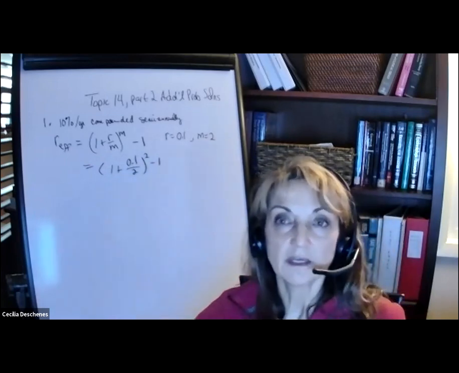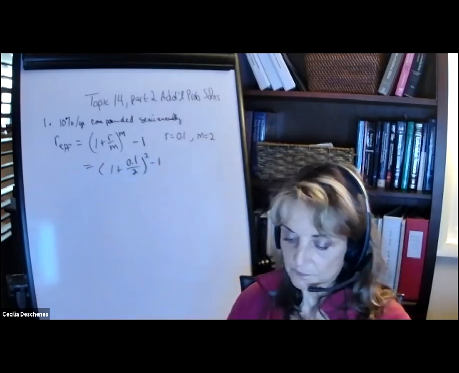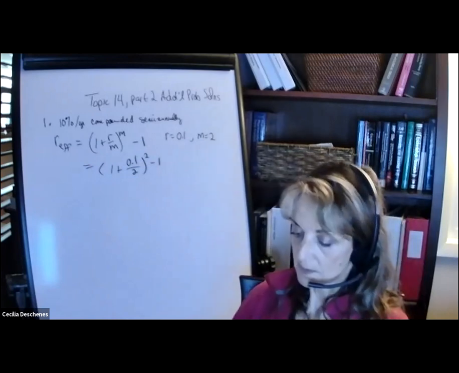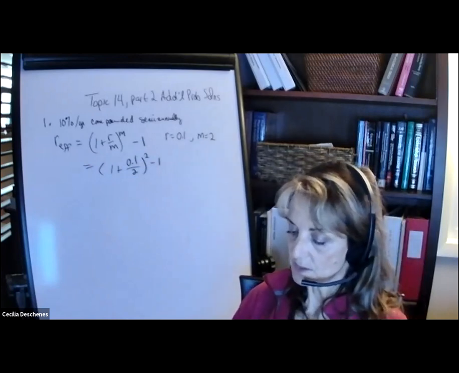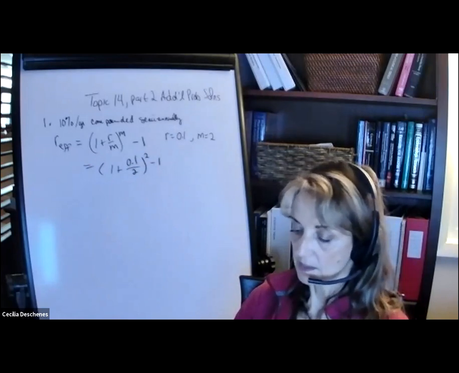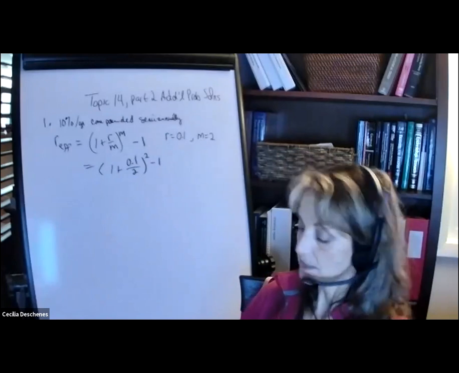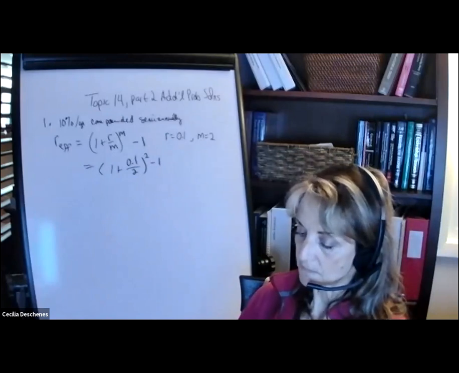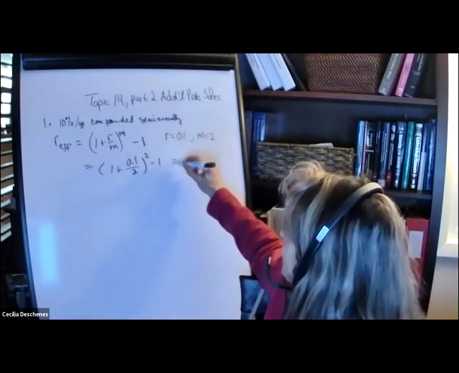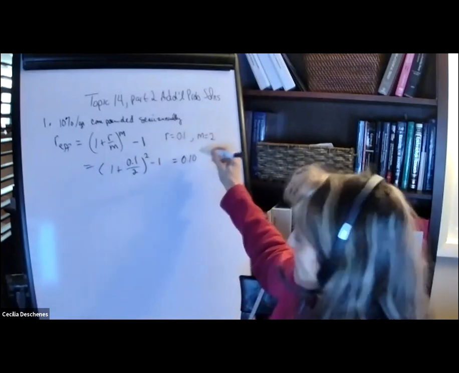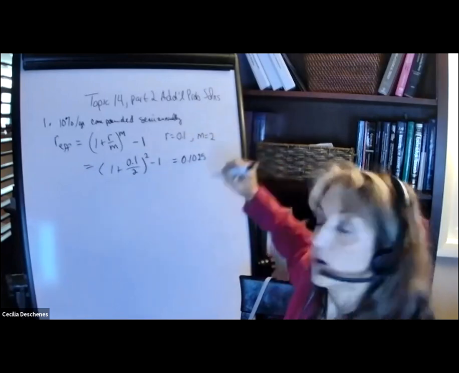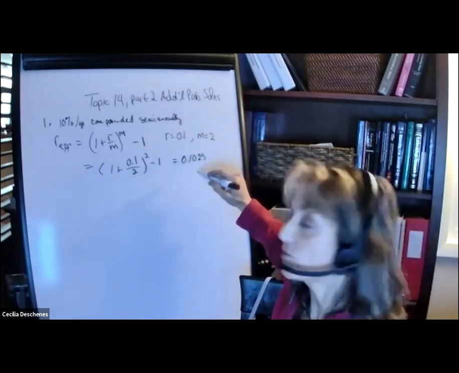So let's go ahead and figure that out. 0.1 divided by 2, plus 1, squared, minus 1. I get that this comes out to 0.1025, or 10.25%.